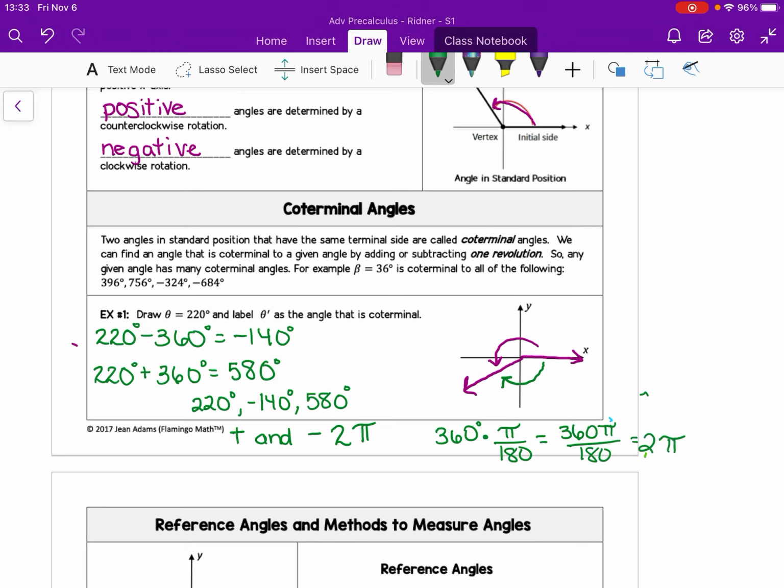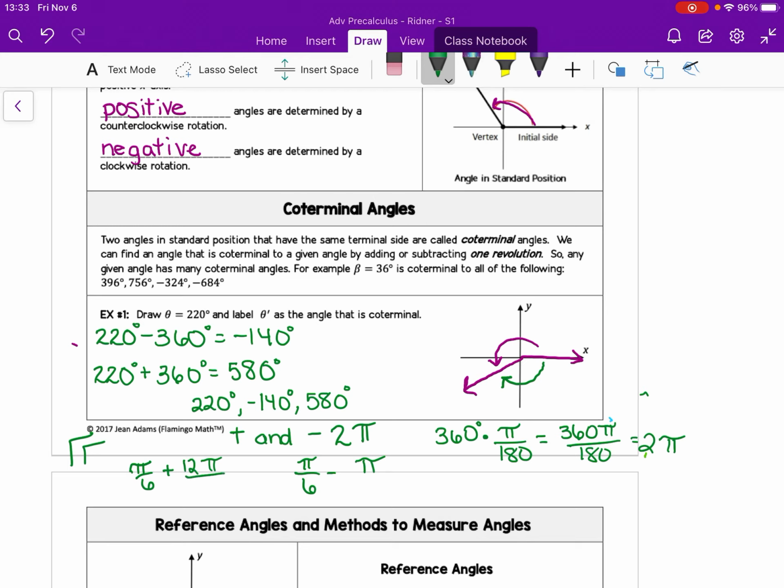Now life may be trickier, because I know that fractions are not always our friends. So if I had something like pi over 6 and I needed to list coterminal angles by adding 2 pi and subtracting 2 pi, I would have to change 2 pi to a common denominator with 6.